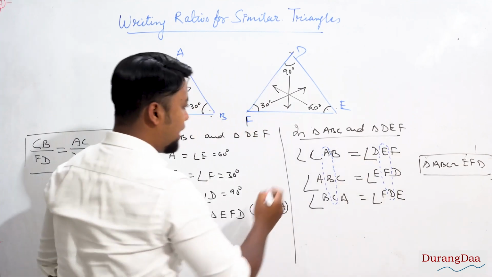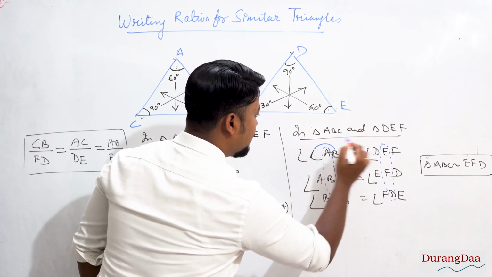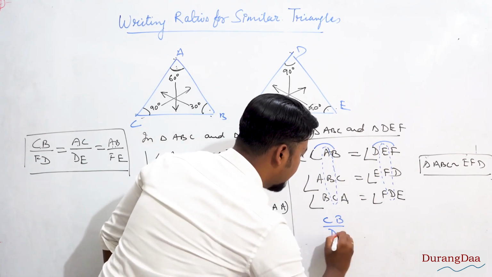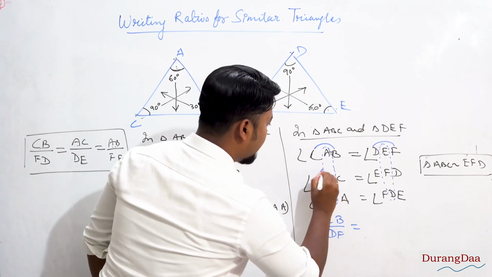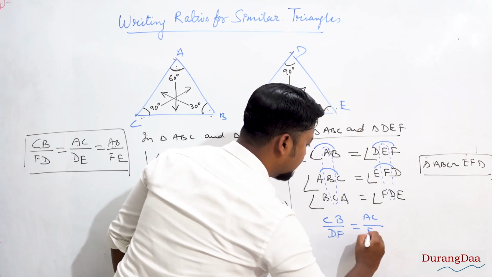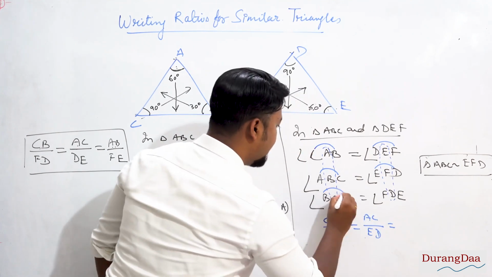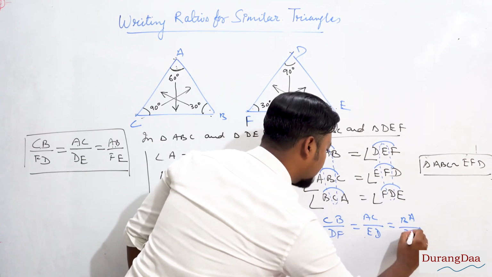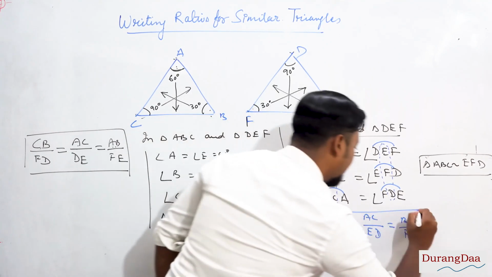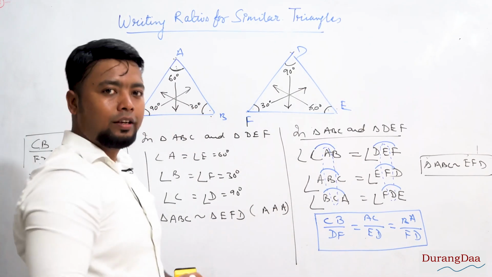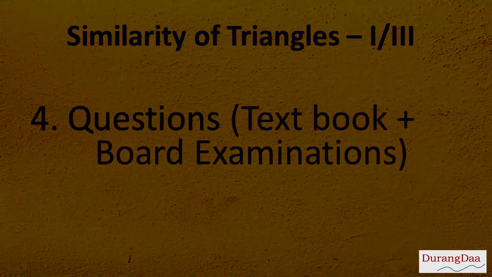The sides you get are CB by DF, equal to AC by ED, which is equal to BA by FD. So depending upon the level of the question, you can choose whichever method you like. I hope this topic is clear.